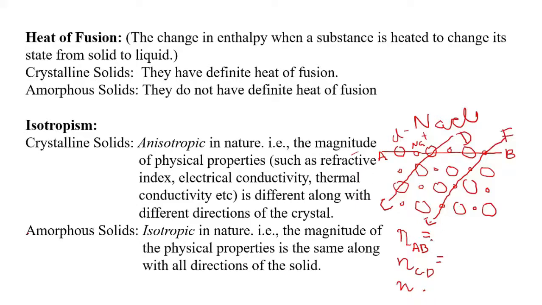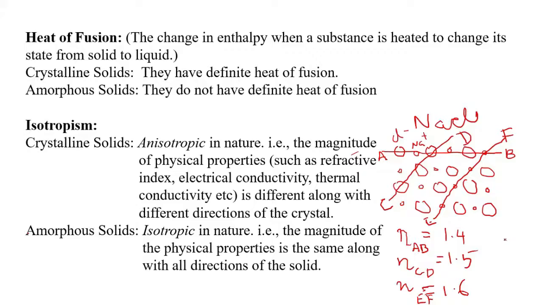Along different directions the refractive index values are different, suppose 1.4, 1.5, 1.6. So what is anisotropy? Along different directions, the physical property of crystalline solids has different values.